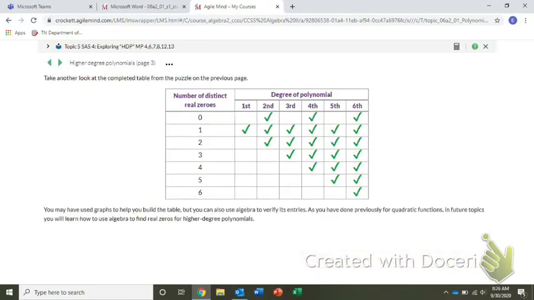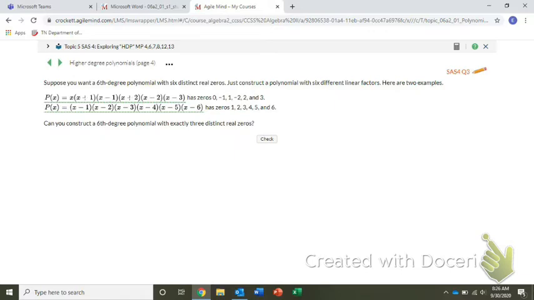All right, now I'm moving to page 4 on AgileMind. It says, suppose you want a 6th degree polynomial with 6 distinct real zeros. Just construct a polynomial of 6 different linear factors. Here are 2 examples.